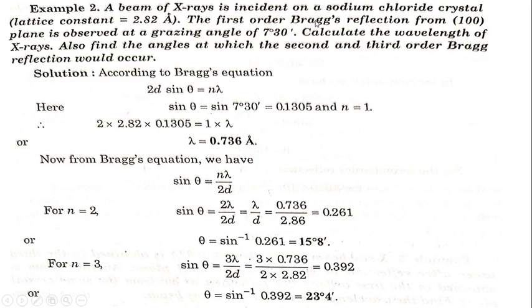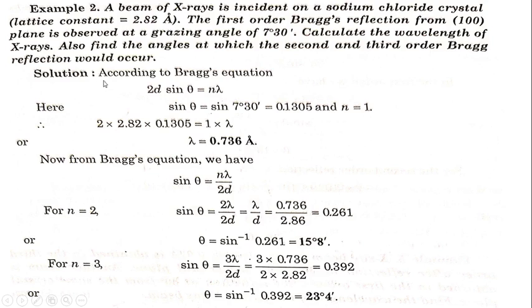The first order Bragg's reflection from 110 plane is observed at a grazing angle of 7 degree 30 minutes. Calculate the wavelength of X-rays. Also find the angle at which the second and third order Bragg's reflection would occur.